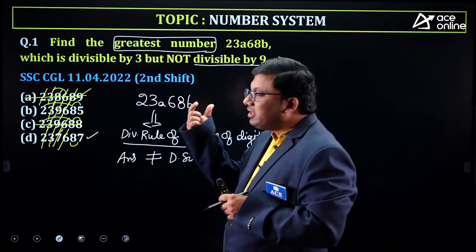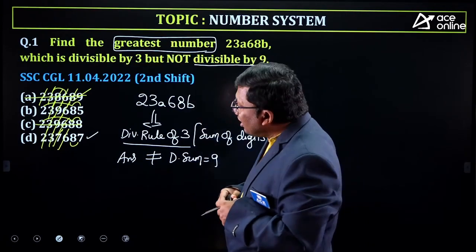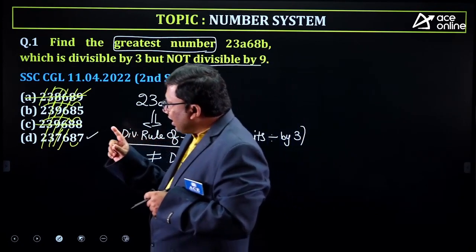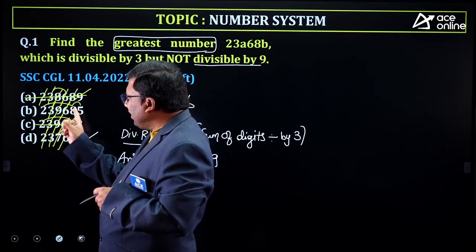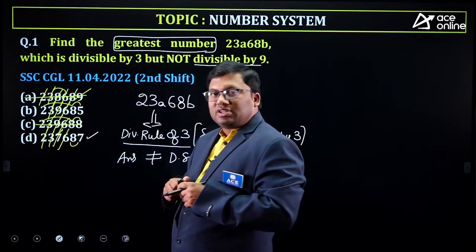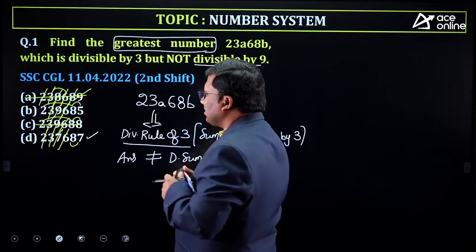Now see here. I want the greatest or the largest number. Which one is the largest among them? The B option is 2,39,685. The D option is 2,37,687.